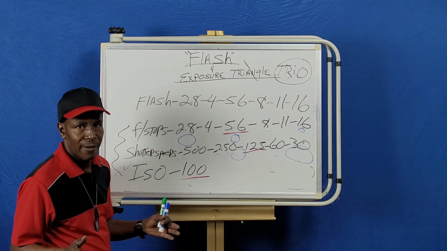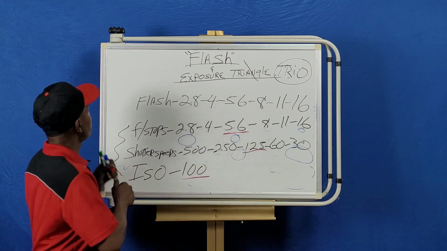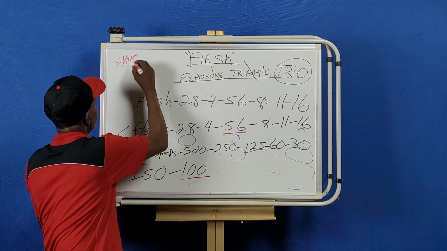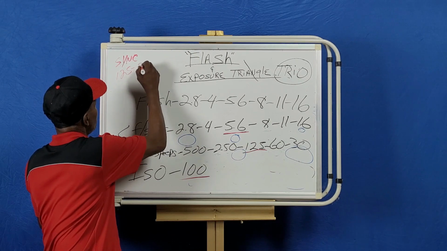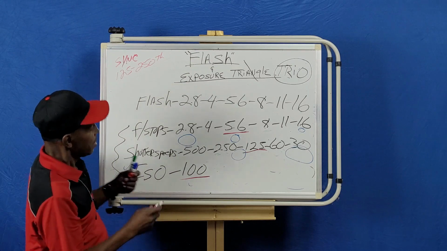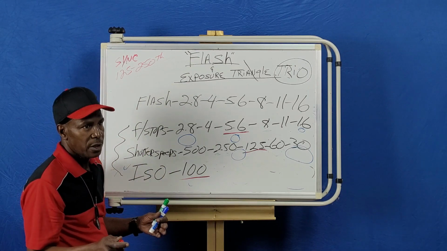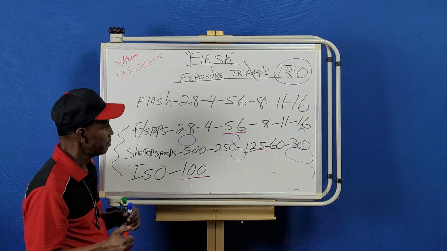Now most flashes have what's called a sync speed, usually about either 1/125th of a second or 1/250th of a second. And what that means is once you turn your flash on, you're limited on your shutter speeds.